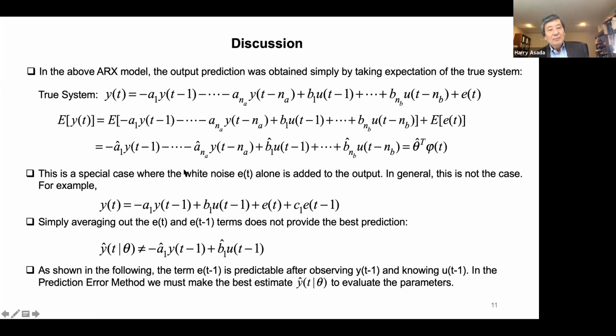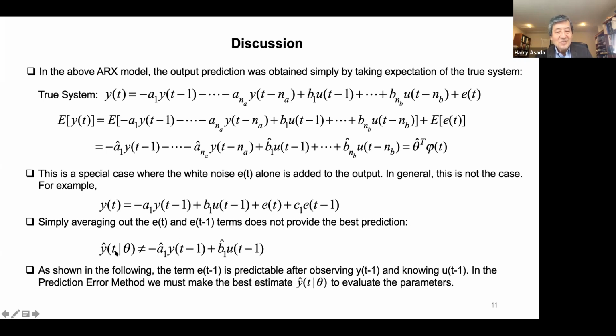That's good. But this is a very special case where the white noise ET alone is added to the output. In general, this is not the case. For example, if you have ET plus a one-time shifted ET minus 1 added to this, then this is a more colored noise that comes into the system. You can't take the best estimate to be just eliminating these two and then setting up this.